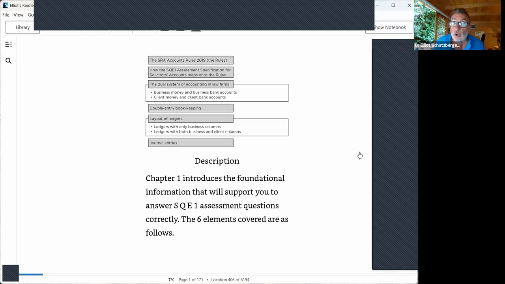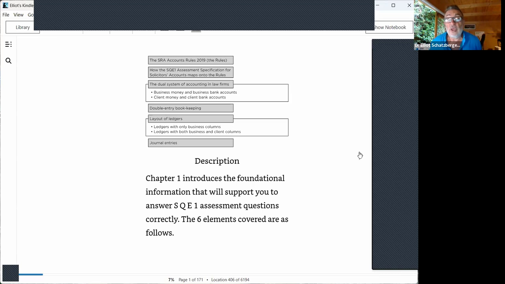It tells you that we're going to look at business and client money and business and client bank accounts. If you don't understand that concept, you really can't do accounts at all. So you need to know what is client, what is business. And I'm going to talk about that in just a moment.